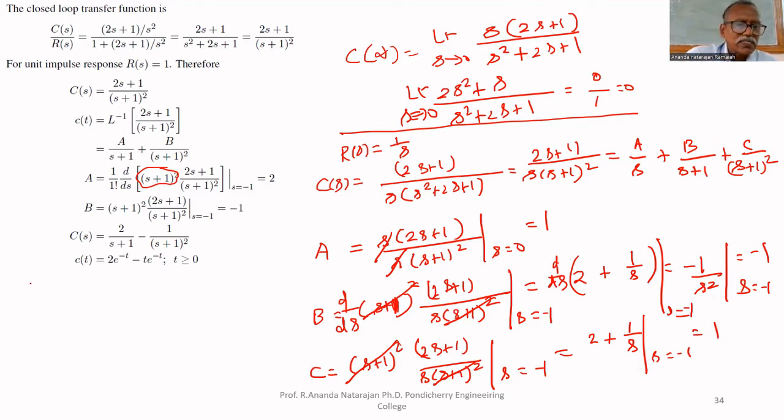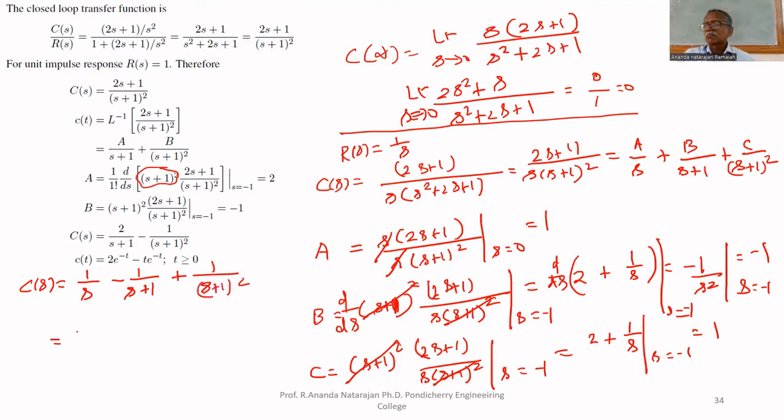Therefore, C of s equal to 1 upon s, B equal to what? Minus 1. Minus 1 upon s plus 1 plus 1 upon s plus 1 whole square.